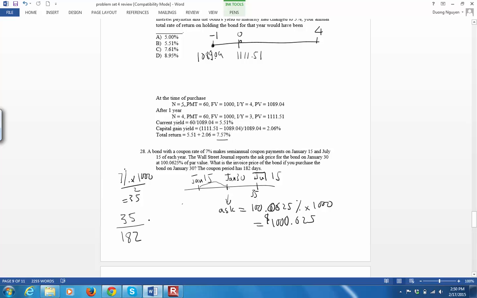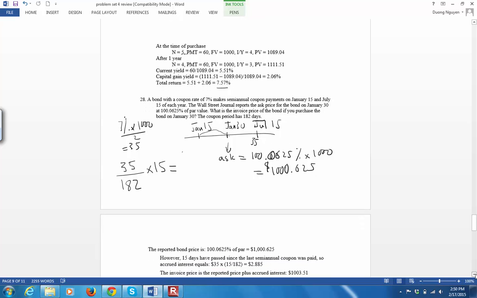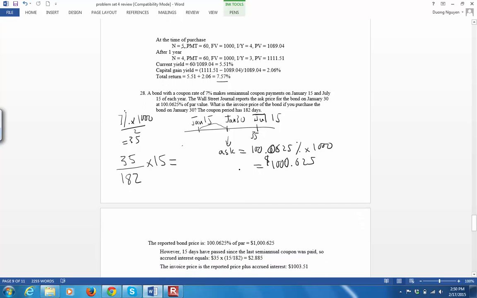You need to pay back from January 15 to January 30, which is about 15 days, so multiply by 15, and the answer is 2.885. So the final price, or the invoice price, is 1,000.625 plus 2.885, equal to 1,003.51.